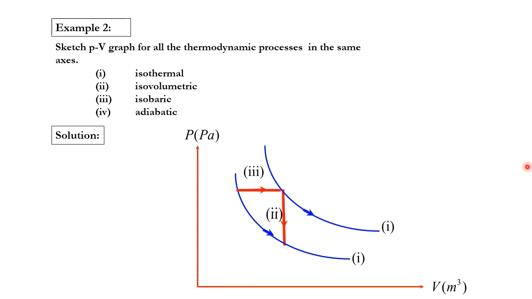Next, isobaric, constant pressure. We choose the expansion isobaric process. Next, the last one is the expansion adiabatic process. The expansion process causes the temperature of the gas to decrease from this temperature to this temperature.